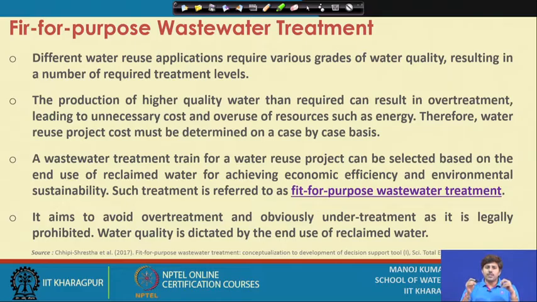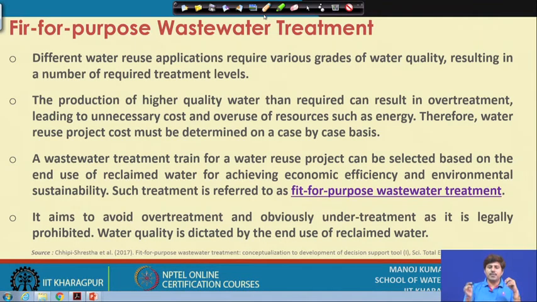Fit for purpose water treatment is conceptualized because different water reuse applications require various grades of water quality. We need not get RO treated water for irrigation purposes.